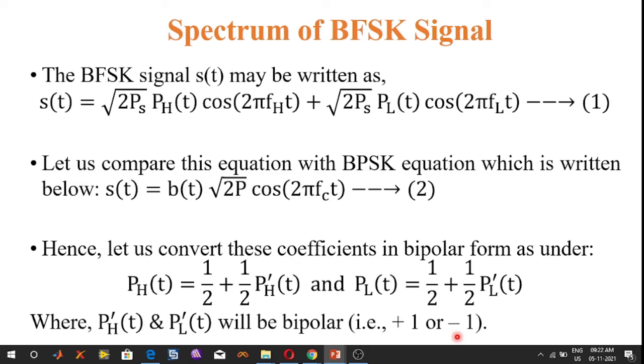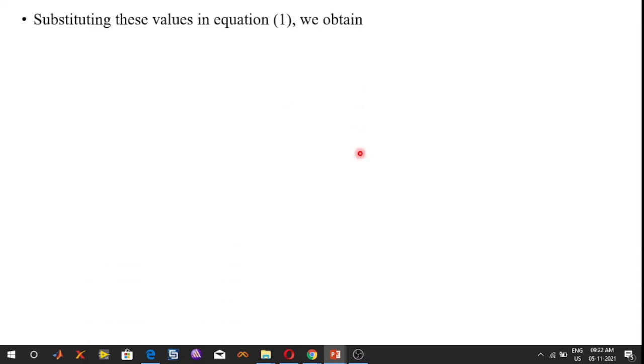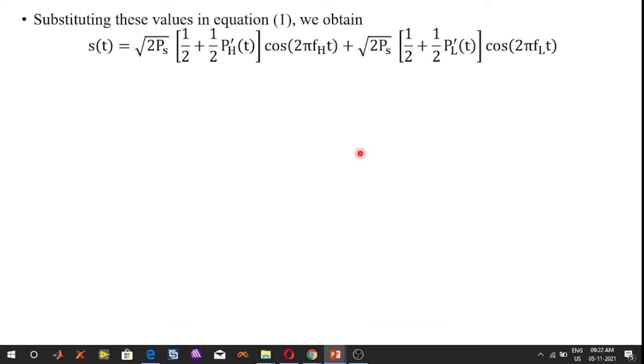And substituting these ph of t and pl of t values into equation 1, we get S of t is equal to square root of 2 Ps into (1 by 2 plus 1 by 2 ph dash of t) into cos of 2 pi fh t plus square root of 2 Ps (1 by 2 plus 1 by 2 pl dash of t) into cos of 2 pi fl t.